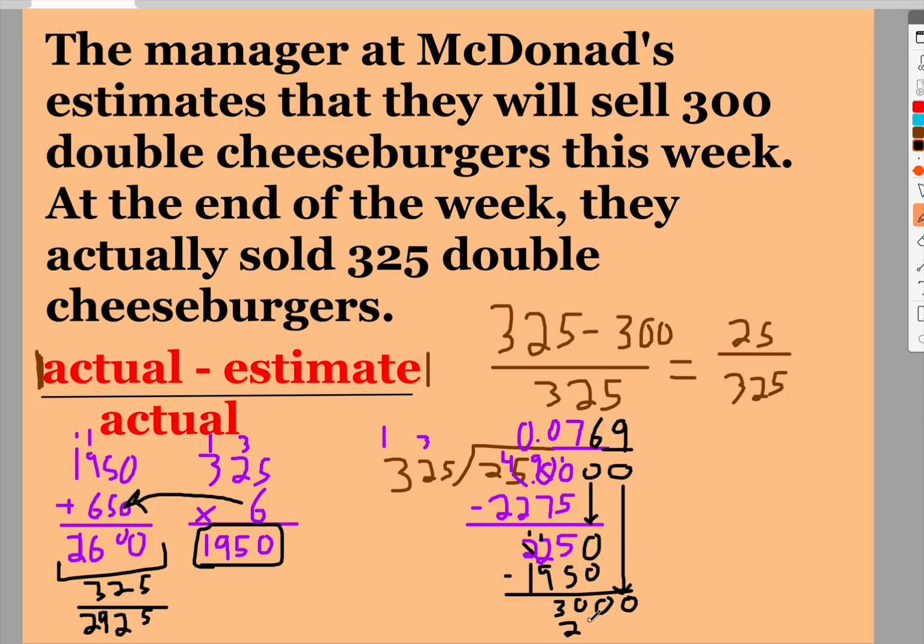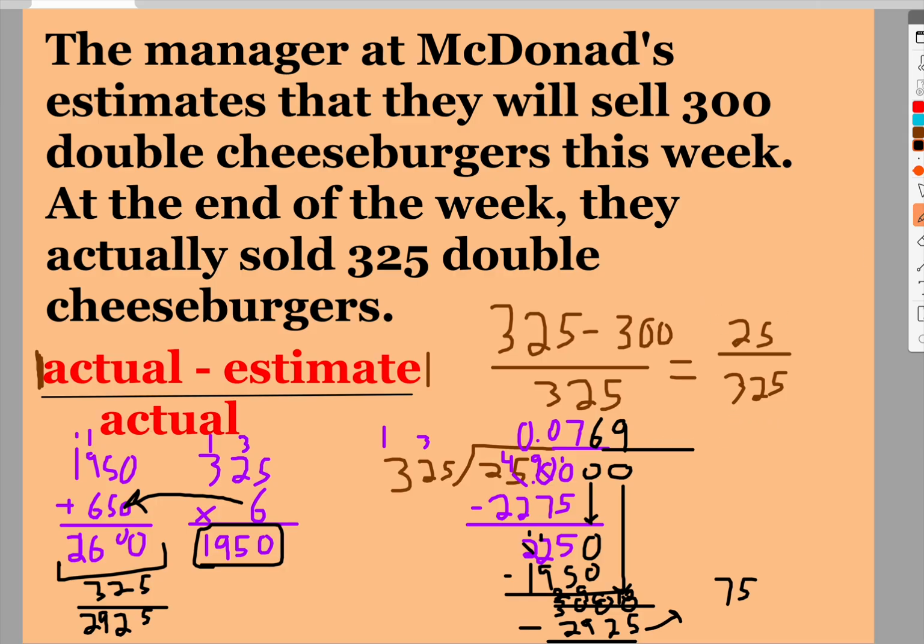So that's just below 3,000. 2,925, borrow all of this. 9, 9, 10. So I get a 5, a 7, 9 minus 9 is 0, so I get 75. I'm going to have more digits here, but we're going to stop after 4 digits after the decimal.